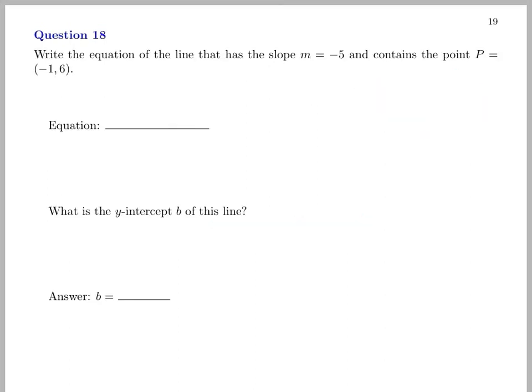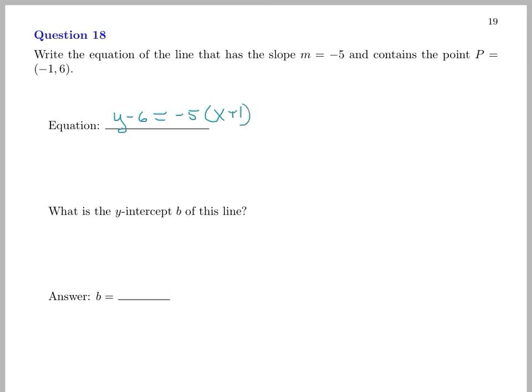This one is similar to what we just did because I'm given a slope and a point and I want the equation, so I can write y minus the y coordinate of the point equals the slope times x minus the x coordinate, so x minus a negative 1, or x plus 1.